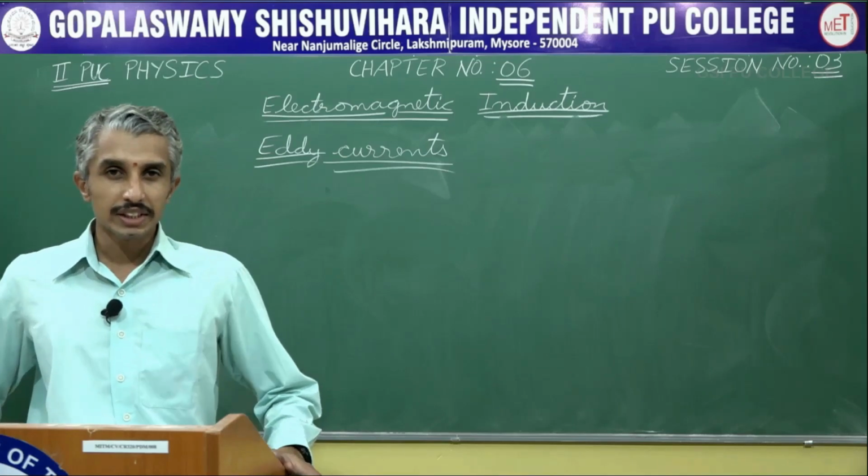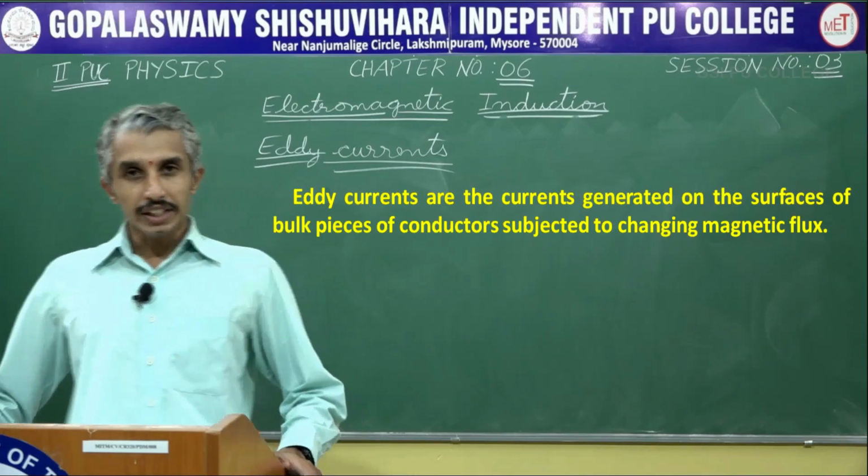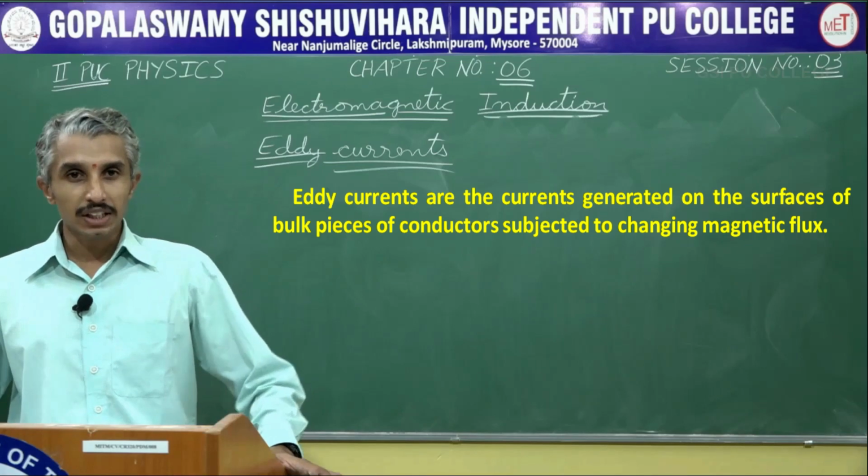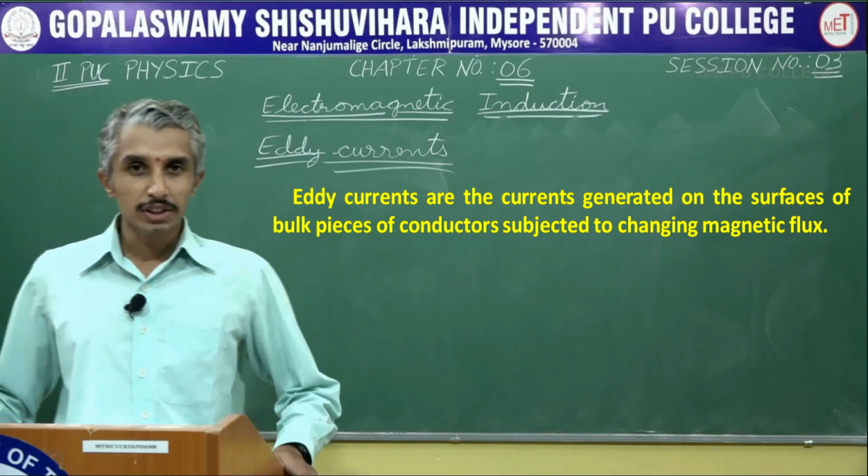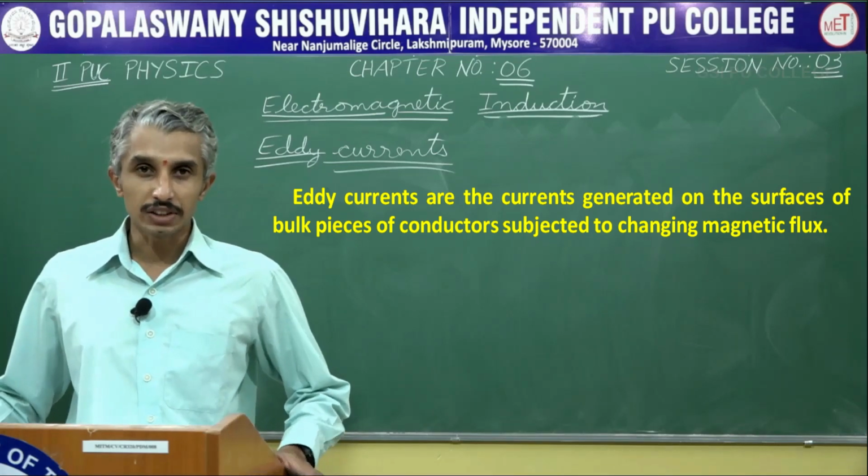But where do we see these eddy currents? So, eddy currents are the currents generated in bulk conductors when they are subjected to changing magnetic field.